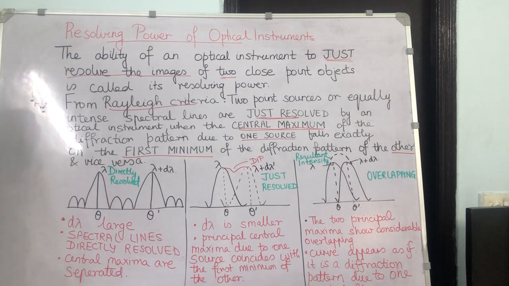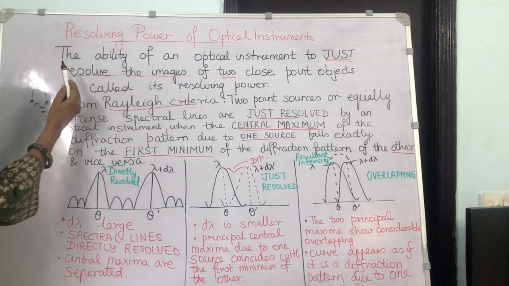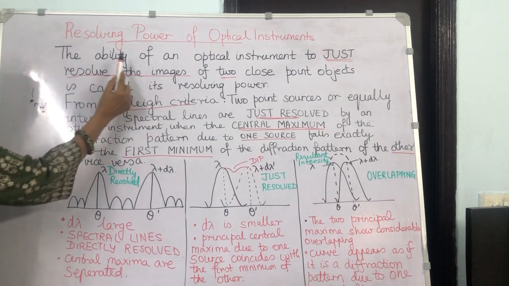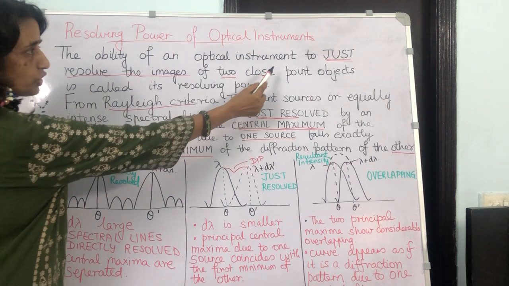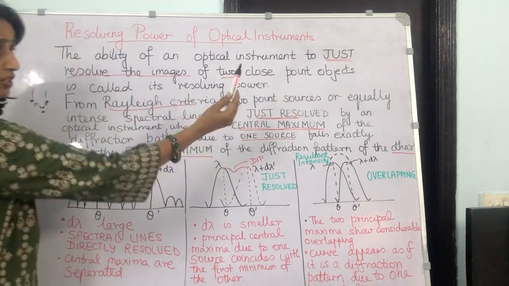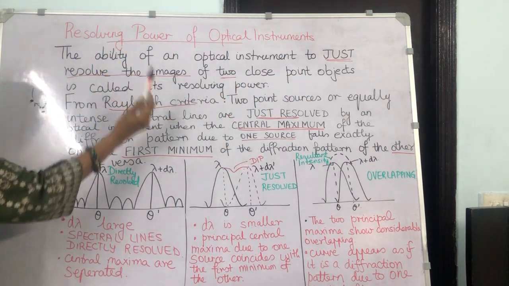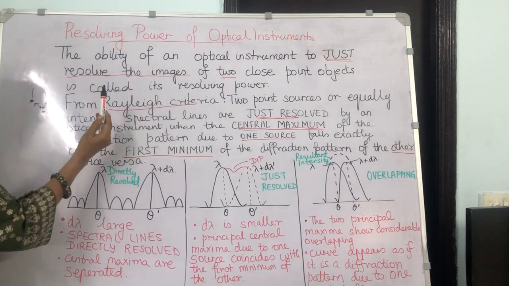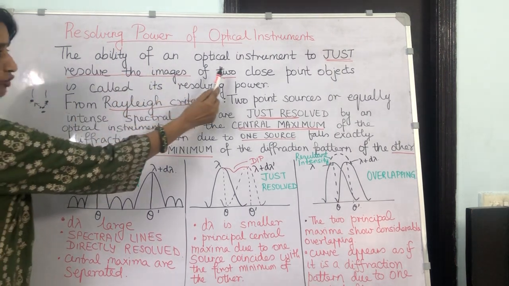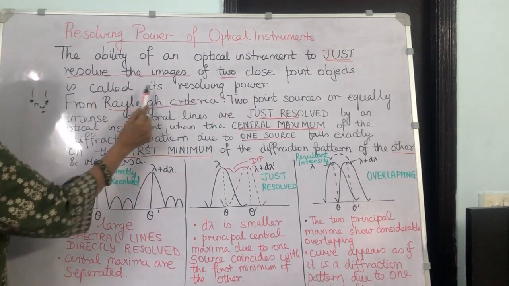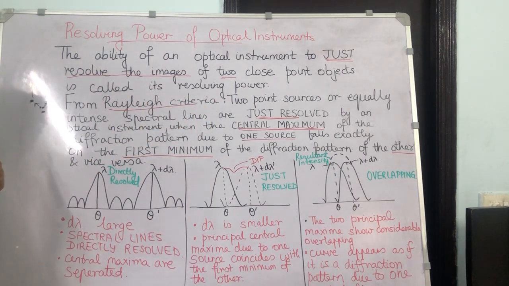This is known as the resolving power of an optical instrument. So the definition is the ability of an optical instrument to just, not too much resolution, but at least see two different spectral lines, the images of two close point objects.